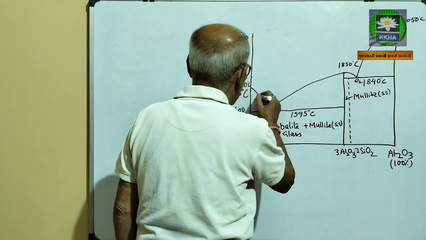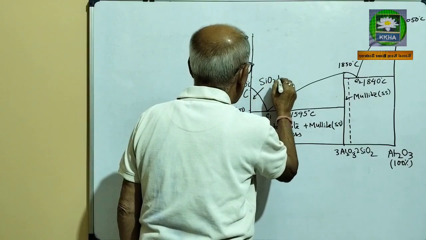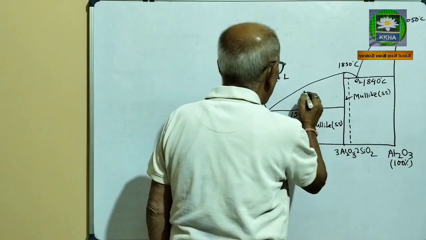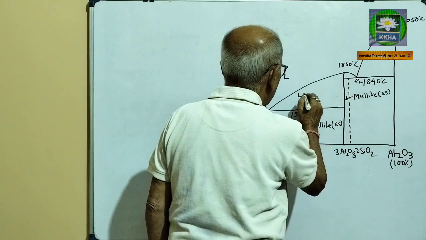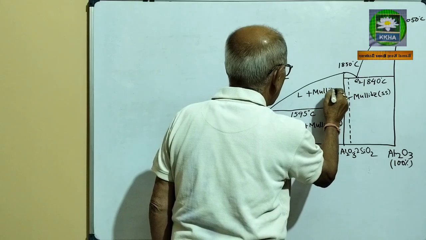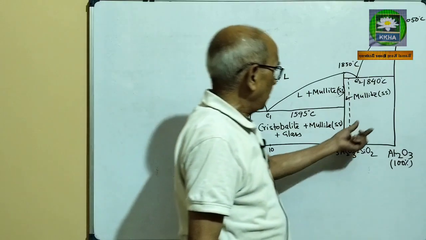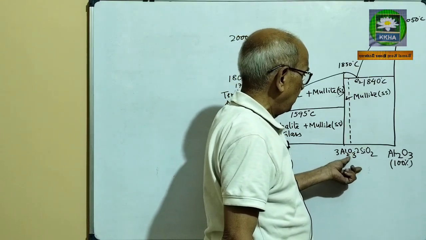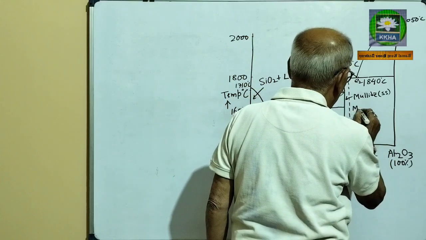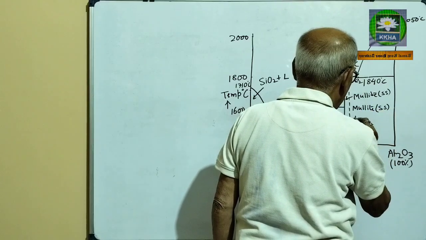Here this will be silica plus liquid phase. This will be liquid plus Mullite solid solution. This will be Mullite solid solution plus alumina and corundum. Mullite solid solution plus corundum.